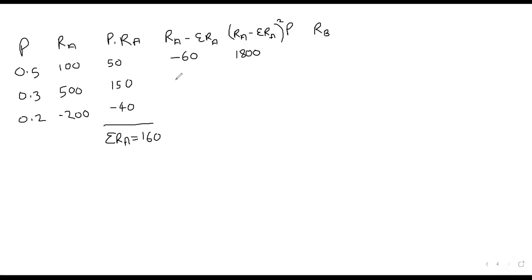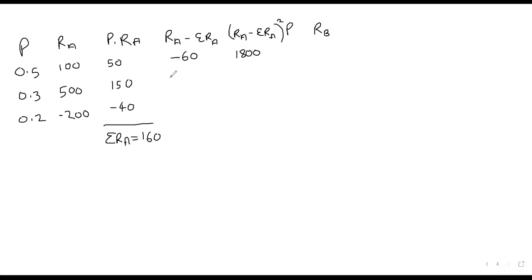So what do we have here? Sorry, Mr. Collins. So we ignore the negative. I found negative 1800. The negative comes out when you square it. If you don't put it in the brackets, it will be negative. So the calculator is in BODMAS.